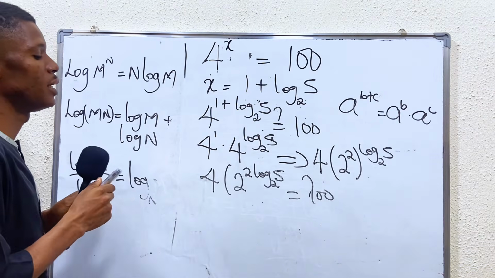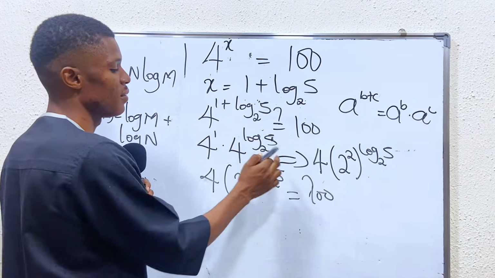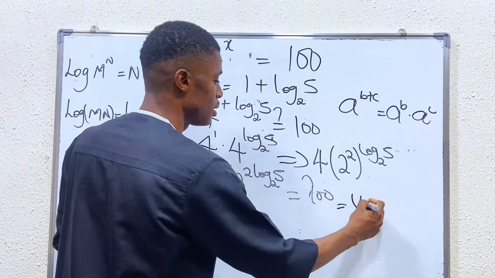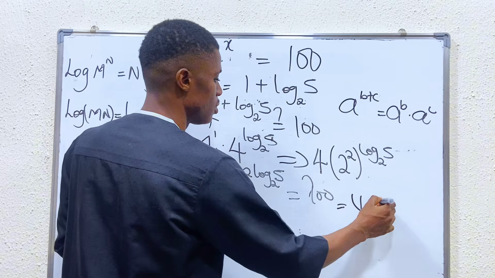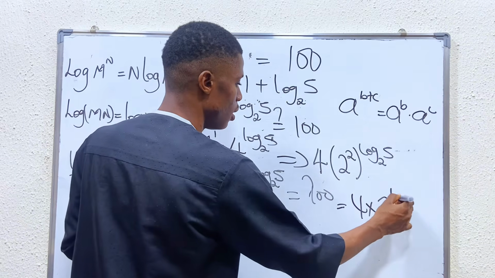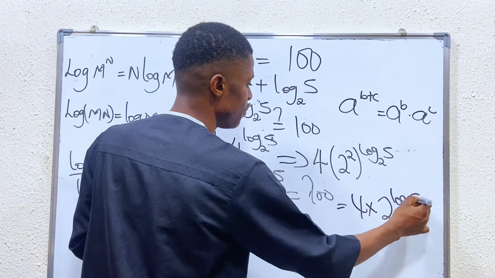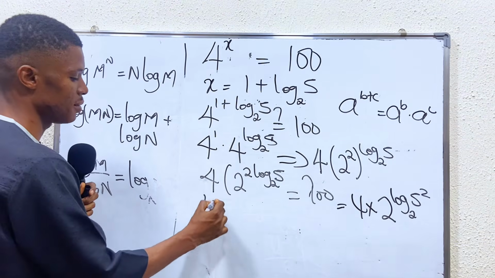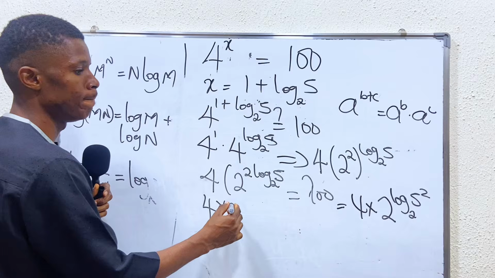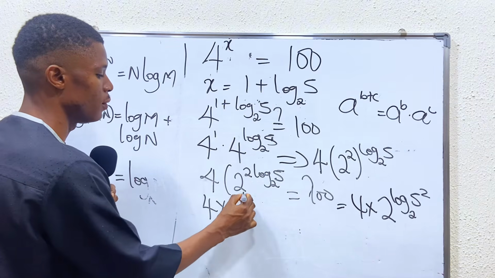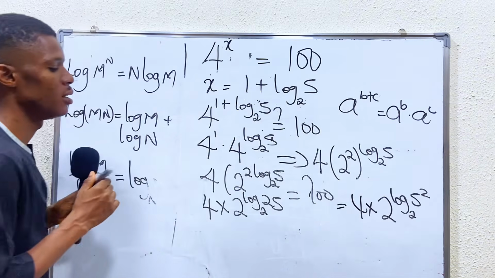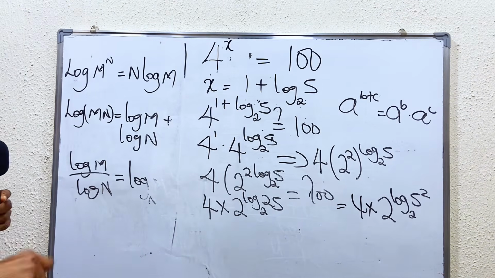So you now see that we are checking 4 times 2 to the power of log base 2 of 5 squared. And you know that 5 squared is 25. So 2 to the power of log of base 2 of 25.